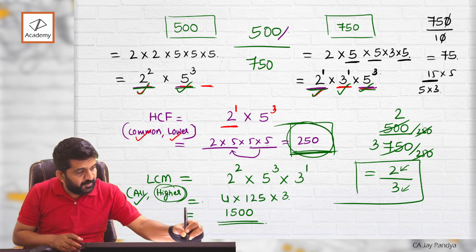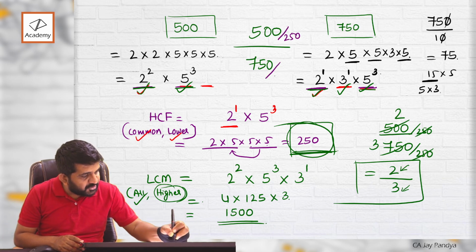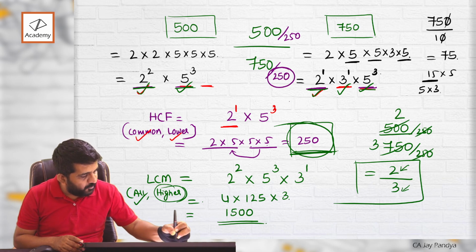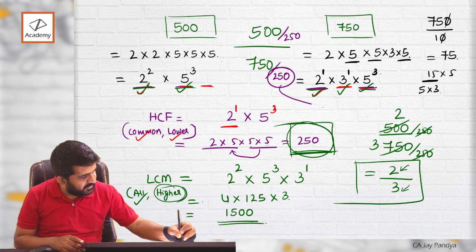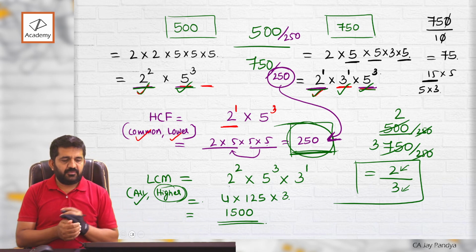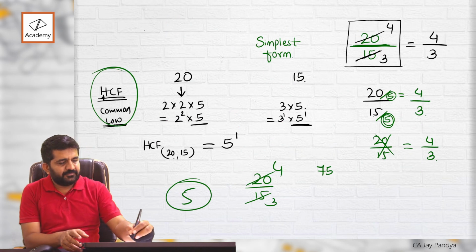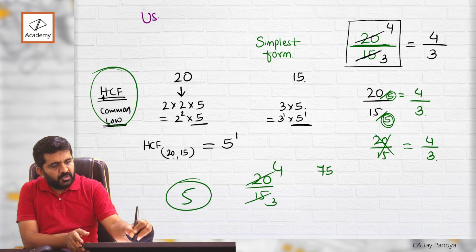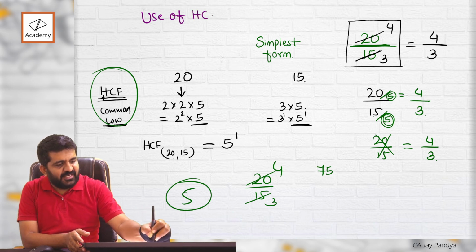Which thing is to be divided? 250. And what is this 250? Nothing but the HCF. This is the use of HCF.